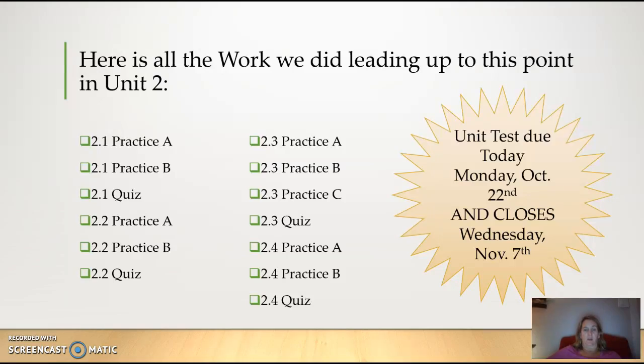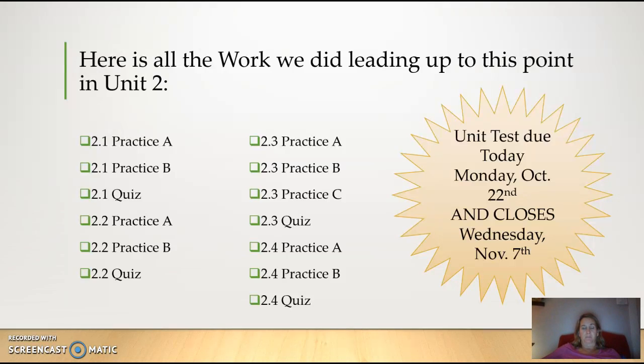And last week we did more on simplifying, using our laws of exponents, but they were a little bit more complicated, using more than one law at a time to simplify them. And that had 2 practices, A and B, and a 2.4 quiz. Now I entered zeros in this morning for last week's assignments, practice A, B for 2.4 and the quiz.